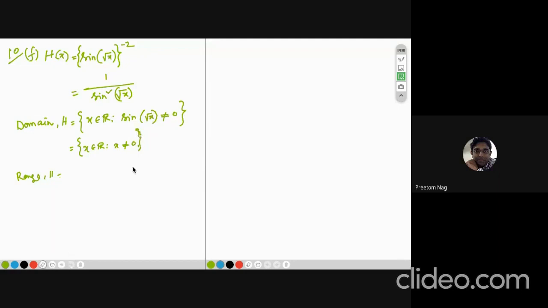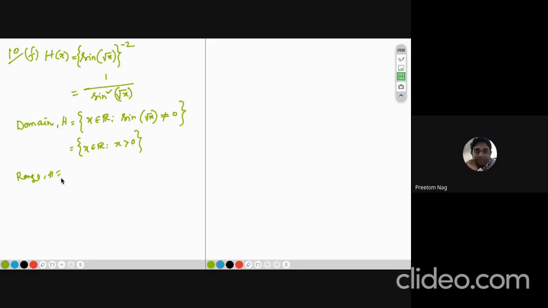We can write directly x greater than 0 only. X can never be negative, and x cannot be 0 here. x should be only greater than 0. Is that okay?